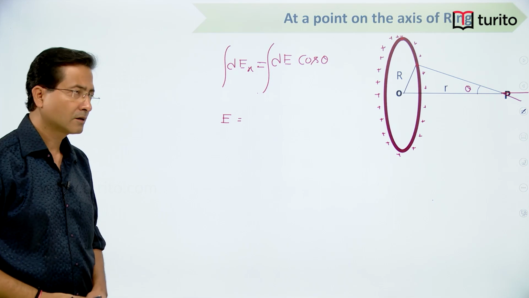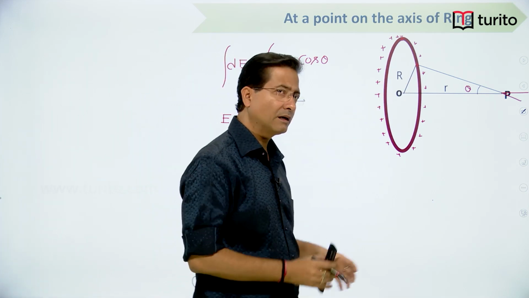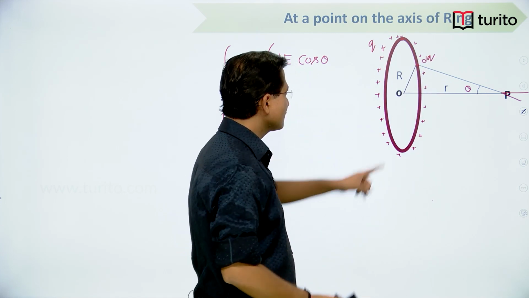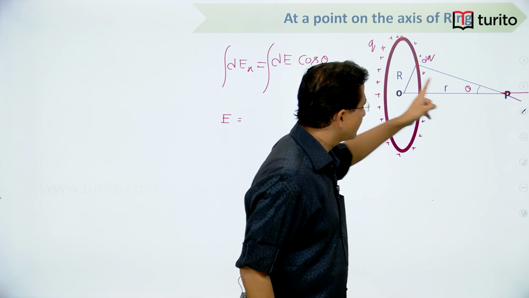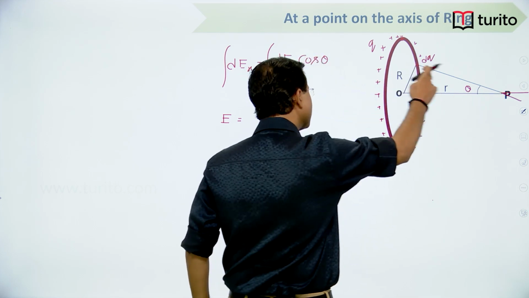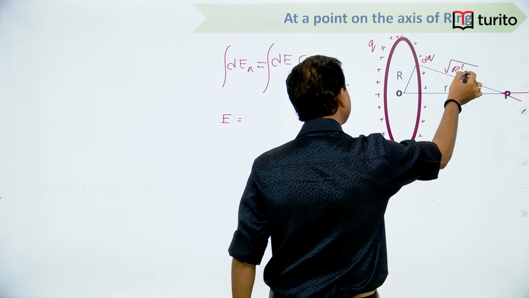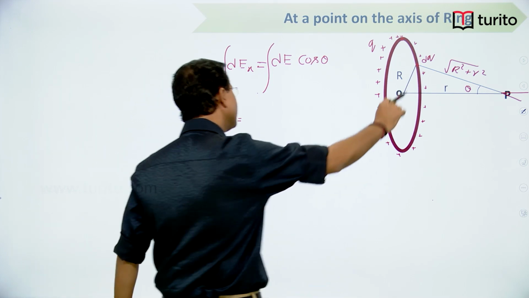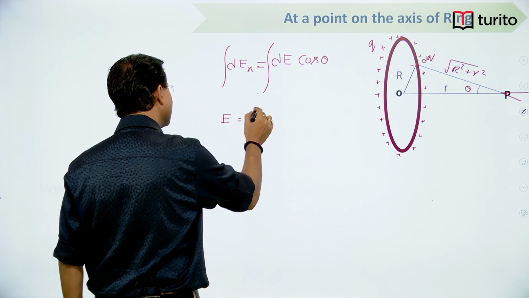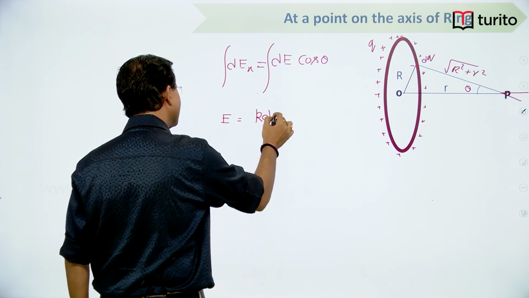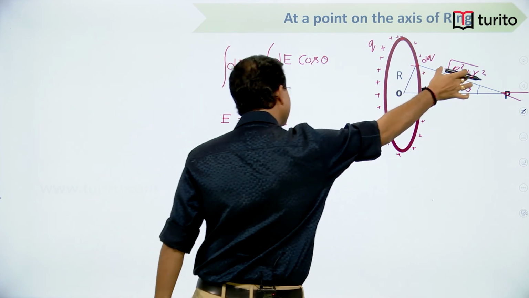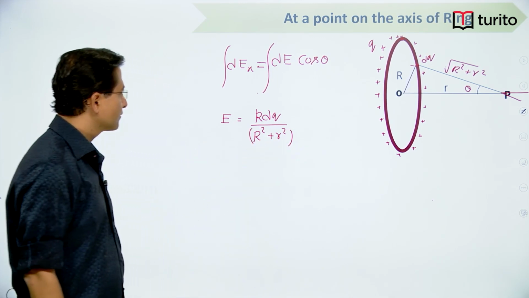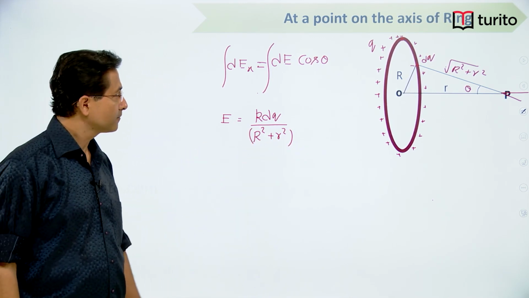Look at this term. If I have taken a small charge dq here, let the total charge be q, and I have taken a small charge dq. So, because of this dq charge at this particular point, if this is capital R and this is small r, this separation will be under root capital R square plus small r square, right. So, because of the element the field at this particular point is k dq divided by the separation whole square, under root R square plus small r square whole square, right, into cos theta.